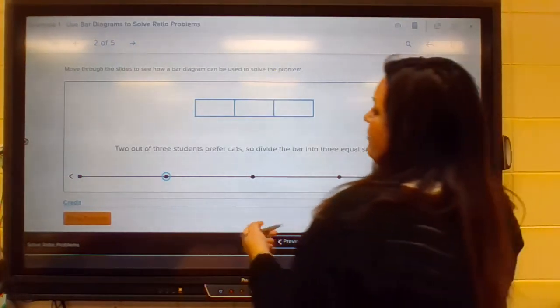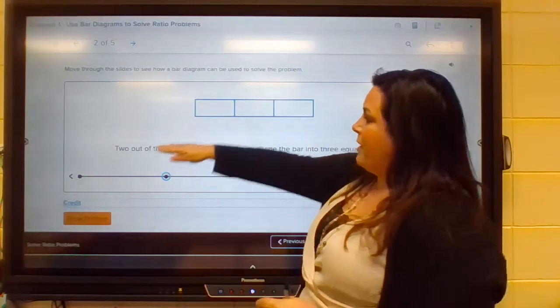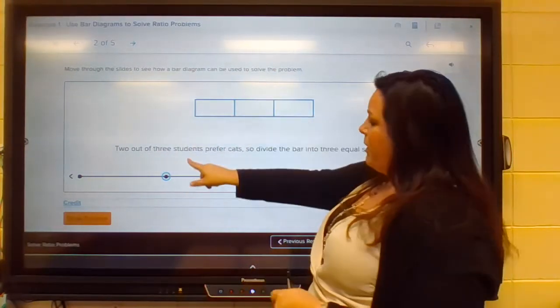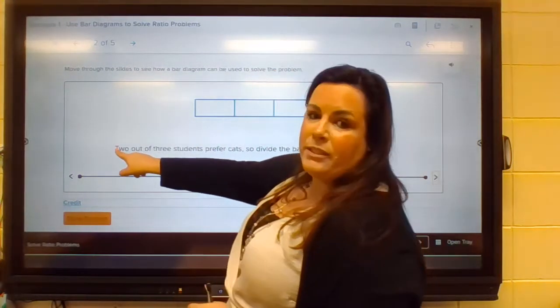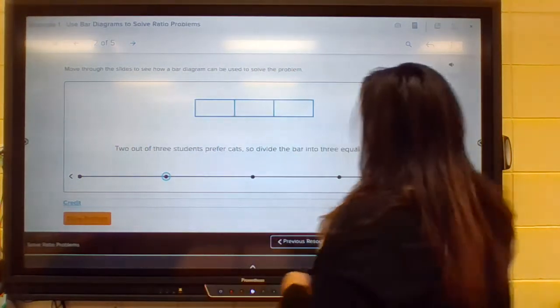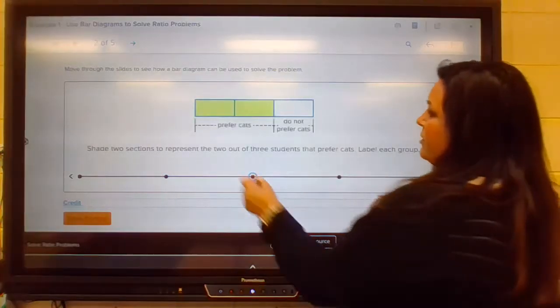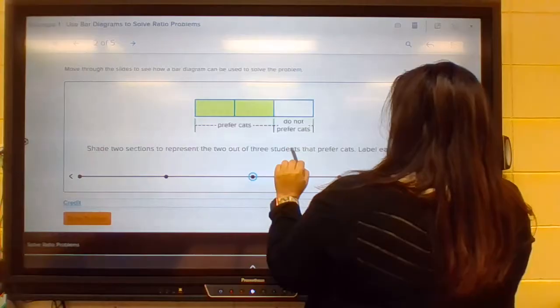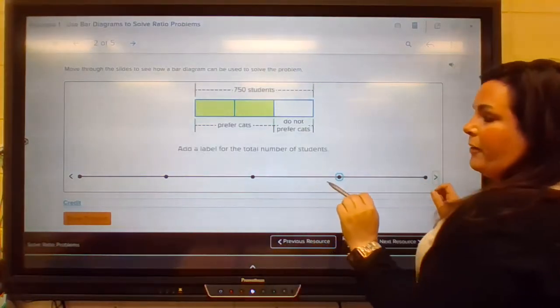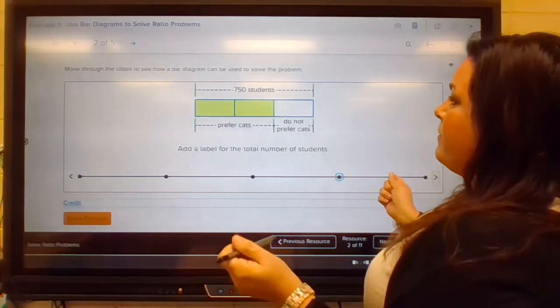Then we're going to use that fraction, 2 out of 3. So here's 3 sections, because that's the total amount of sections I need to have. This is how many we need to shade, that 2. So this is the amount that prefer cats. These do not prefer cats. So we want to make sure to label our bar so we know what they mean.